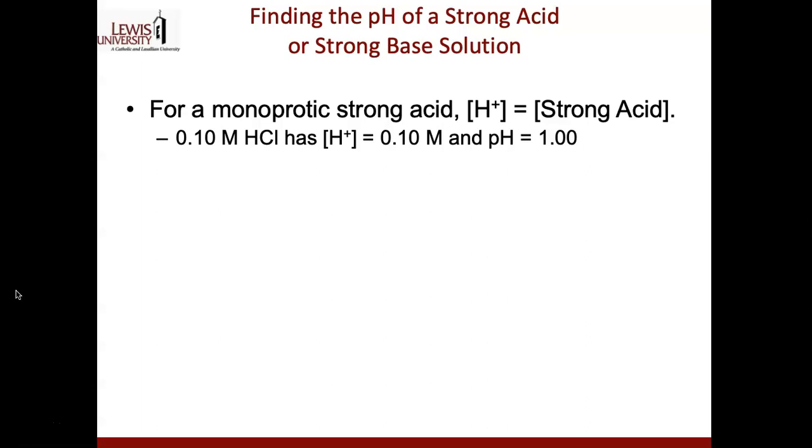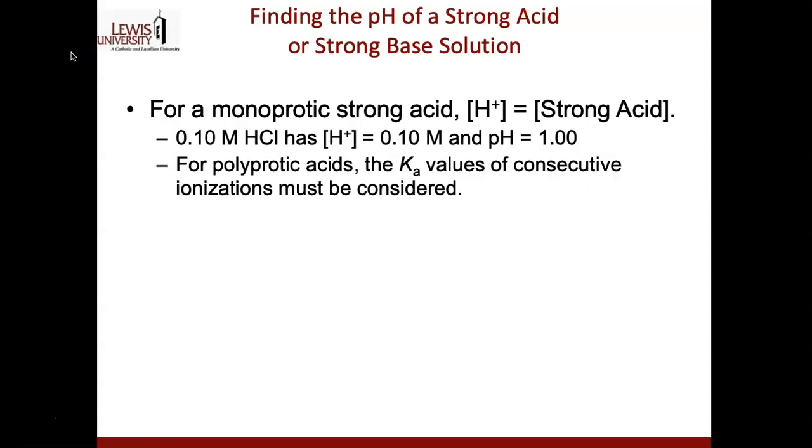What happens though if I have a polyprotic acid, something like carbonic acid, right? We just talked about how carbonic acid will actually give you acid rain, right? And the formula for carbonic acid is H2CO3. So obviously we put the acidic protons out front. There are 2 acidic protons there.